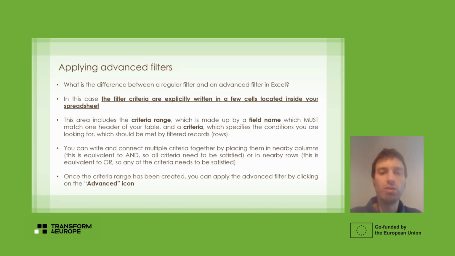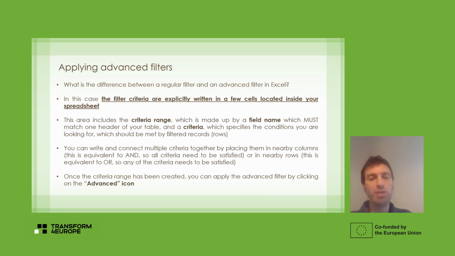Okay, so you can combine multiple filtering criteria together by placing the field name and the criteria close to each other, and in this case, they will be automatically connected by an AND Boolean operator. So both criteria should be simultaneously satisfied.